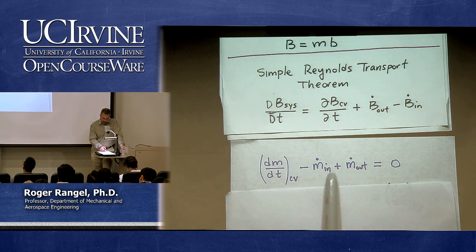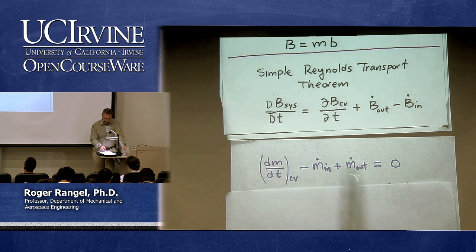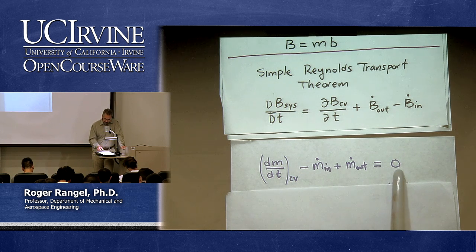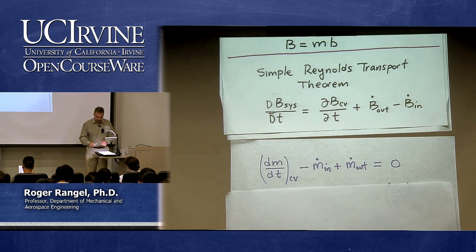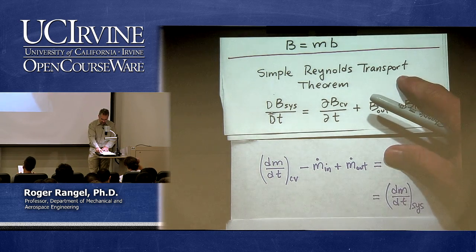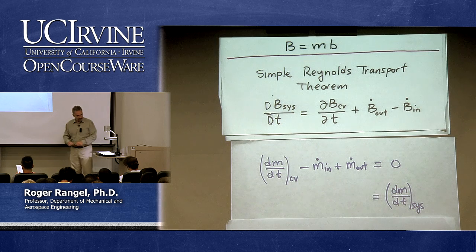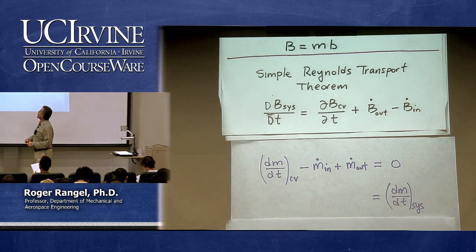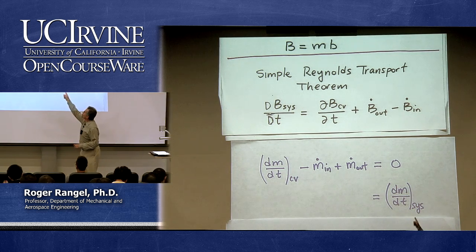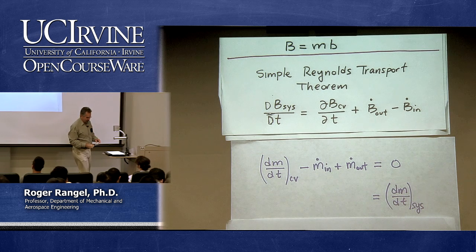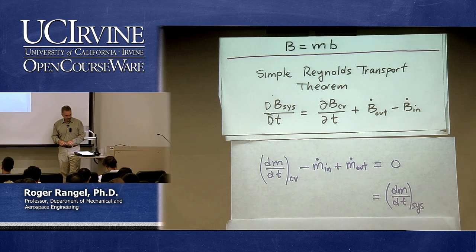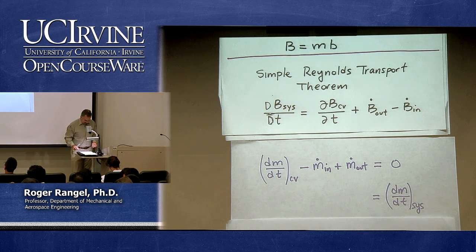For mass conservation, I just put the m dot in on the left with a negative sign and m dot out to the right with a positive sign. This is equal to 0, so it shouldn't be very hard for you to see that, in fact, if I write it this way, I am writing an equation for the time variation of the mass for the system.